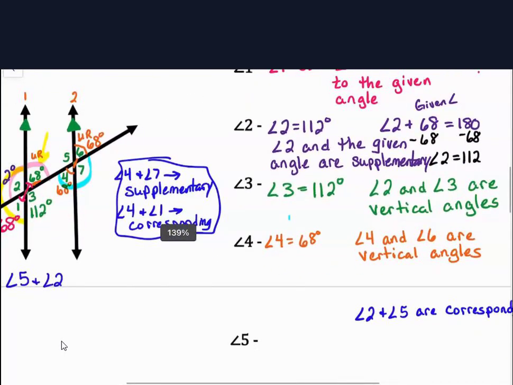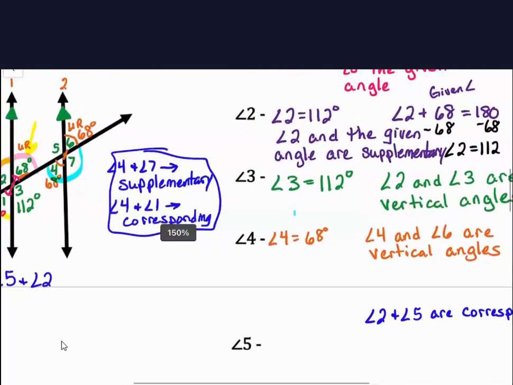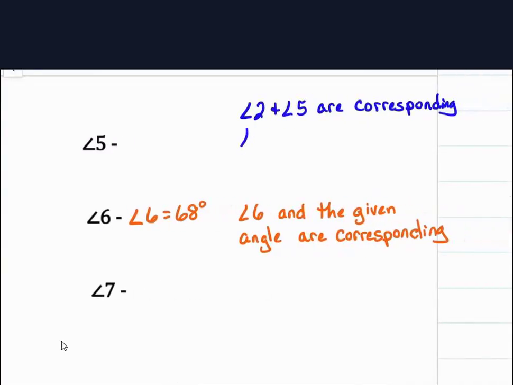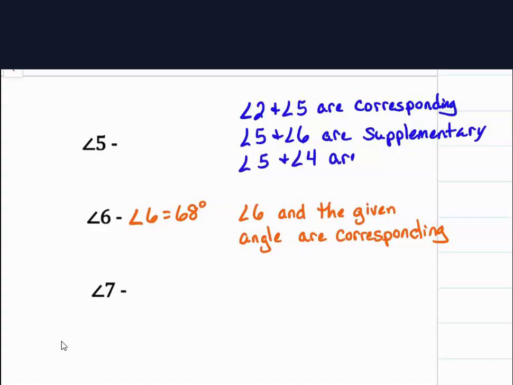And angle 5 and angle 6 form a straight line, so angle 5 and angle 6 are supplementary. And angle 5 and angle 4 are supplementary.